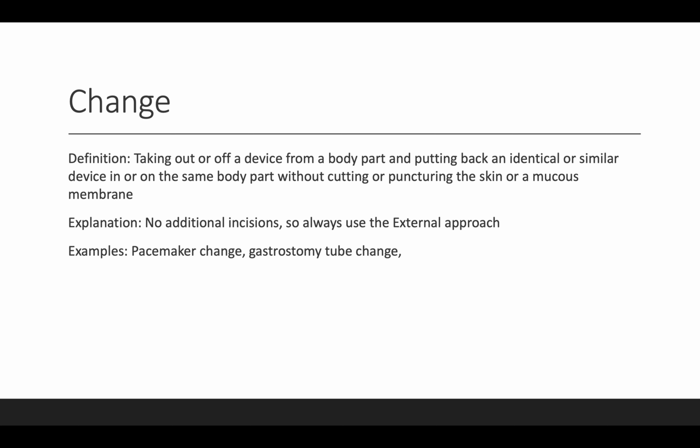For example, these might be a pacemaker change, gastrostomy tube change, any of those things, but there's no additional incisions. They're just physically changing out maybe a battery or putting a newer device, but everything is the same.